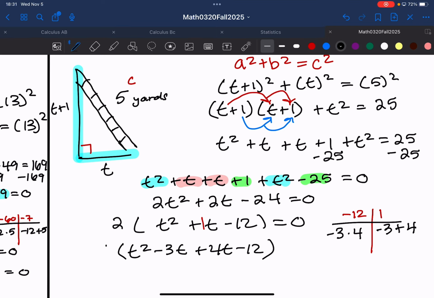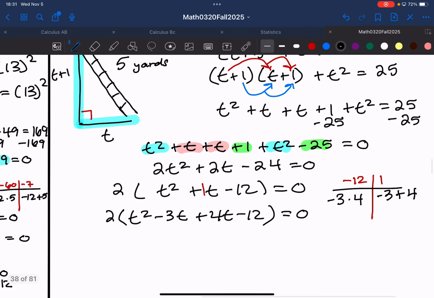And then bring down my GCF in the beginning, set it equal to 0. Now what? Factor by grouping. Okay, and then I have to take out a GCF. So what's the GCF of the first parenthesis? t. So I have t, and I'm left with t minus 3.